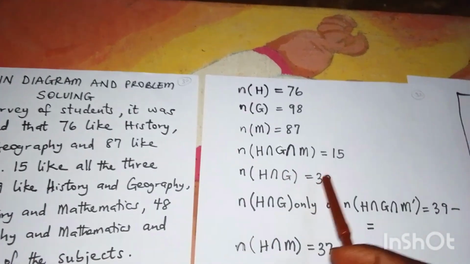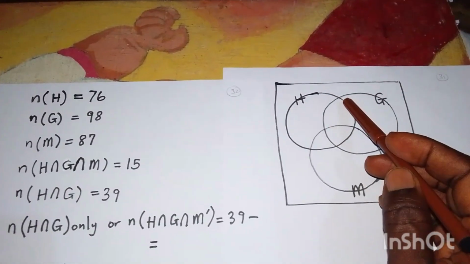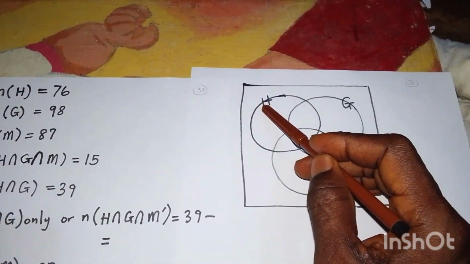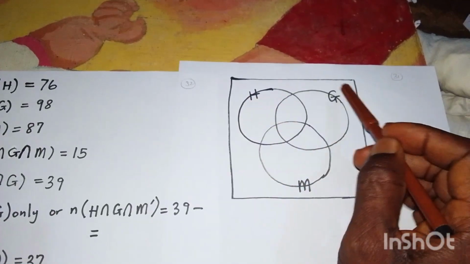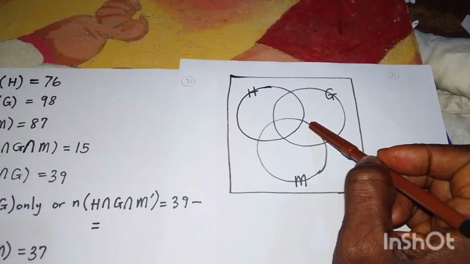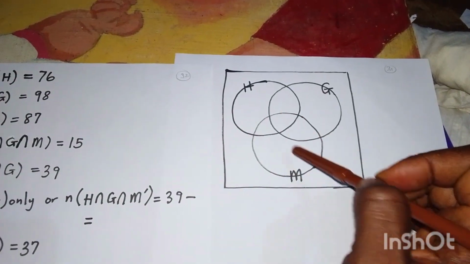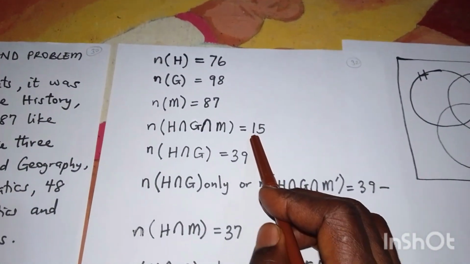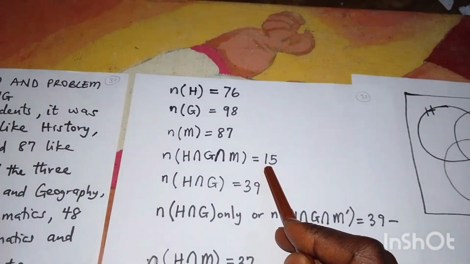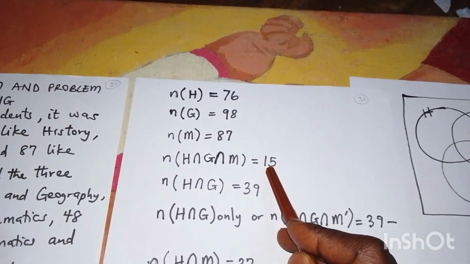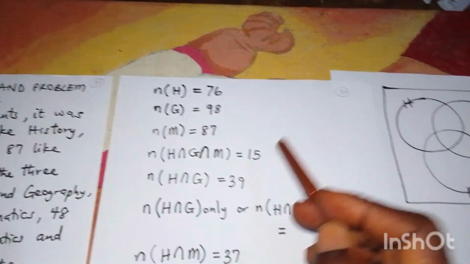Now first of all, let's try to draw a Venn diagram. We have H representing those that like history, G representing those that like geography, and M representing those that like mathematics. We were told in the question that 15 students like all the three subjects. So 15 is going to be where all the three circles intersect.